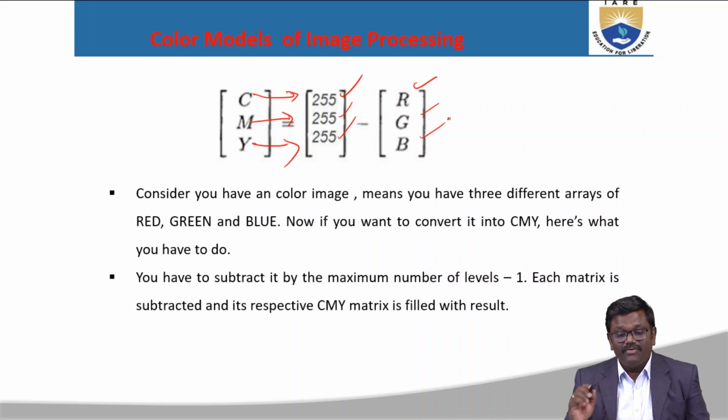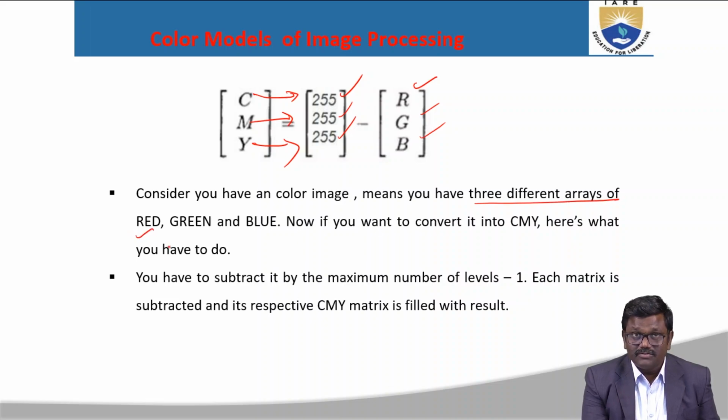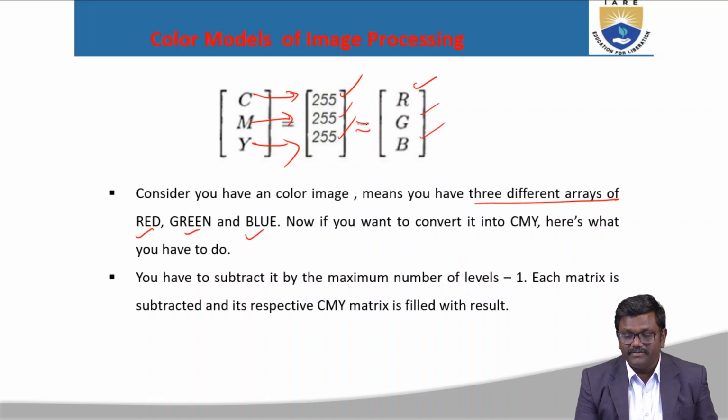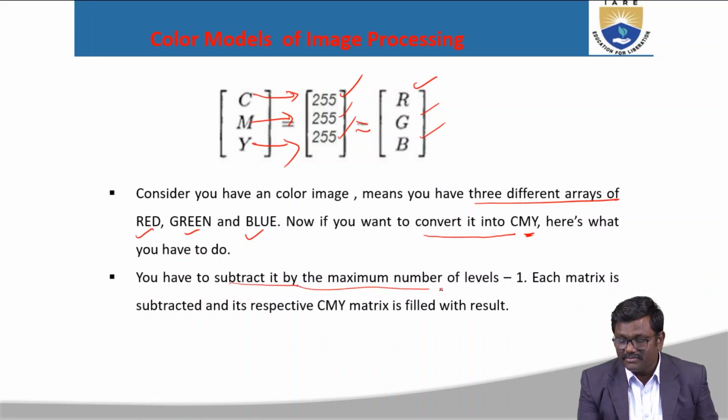Consider we have a color image. That means you have three different arrays of image values: red, green and blue. Now, if you want to convert into CMY, here's what we have to do. We subtract from the maximum value, which is 1.